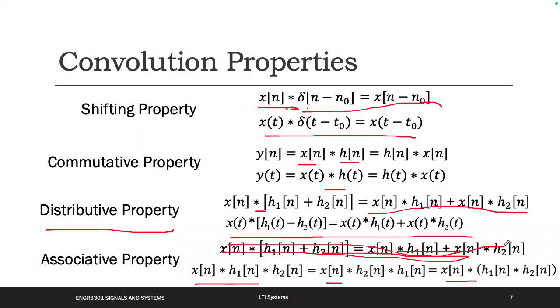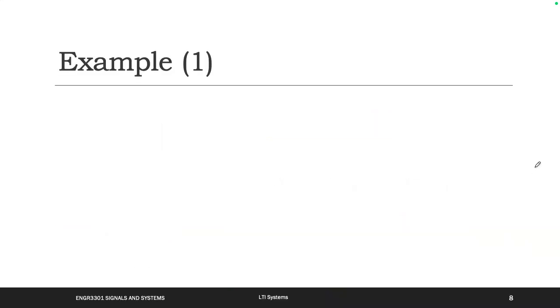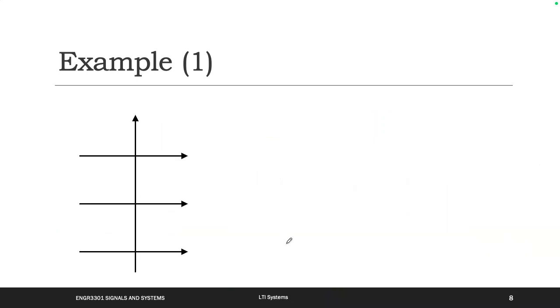So those convolution properties are very important for us. Do you know why? It can simplify our computation of the output. Let's review an example, which we talked about in the last class. What's the name for this? The impulse response, which equals this one, and this is our input signal.